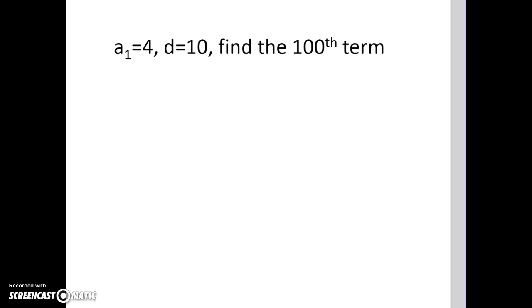I need to find the 100th term, and this time I'm actually given the first term and I'm given the common difference. So we're looking for the 100th term. So a sub 100 has to equal 4 plus the common difference of 10 times the term 100 minus 1.